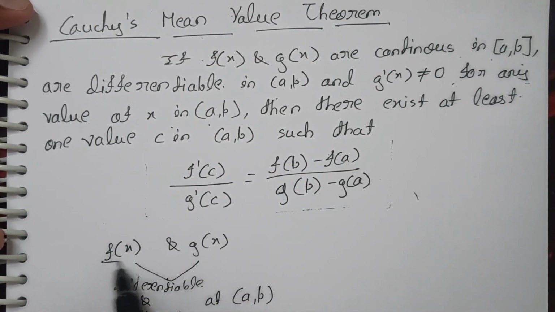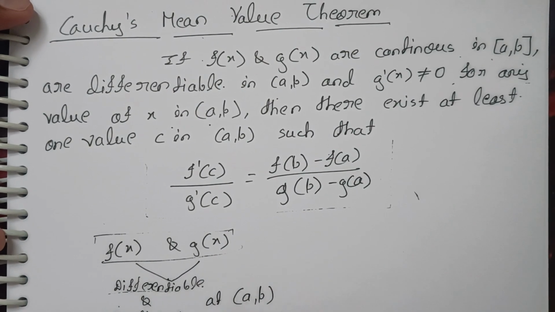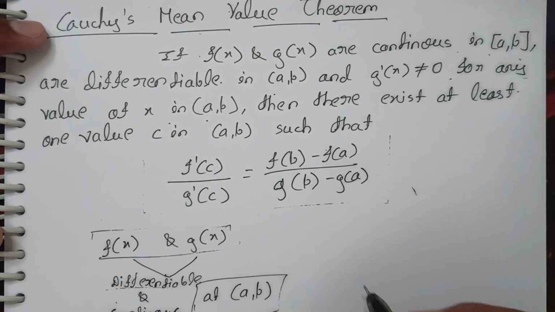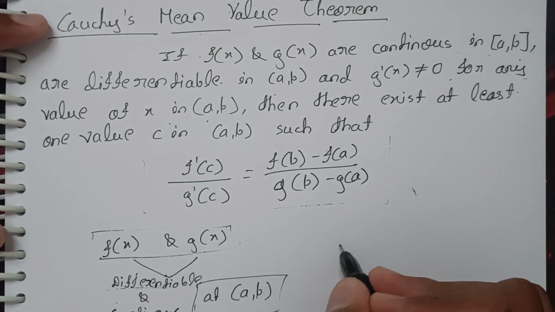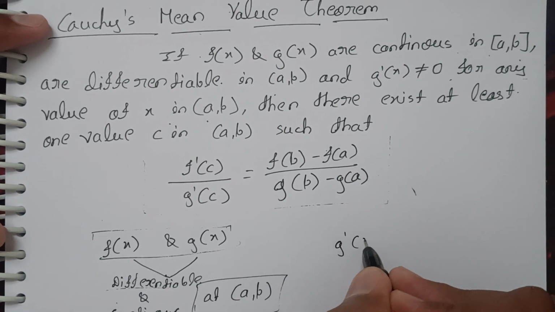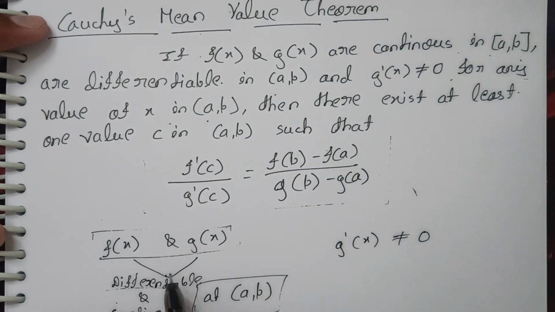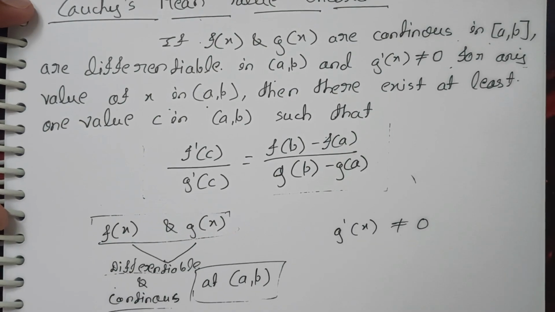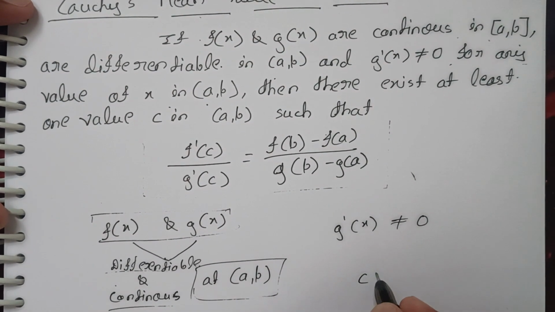So both the functions should be differentiable and continuous on a, b. Then only, this is one condition, and another condition is g dash of x is not equal to 0. So if both conditions are satisfied, then only we get the c value.